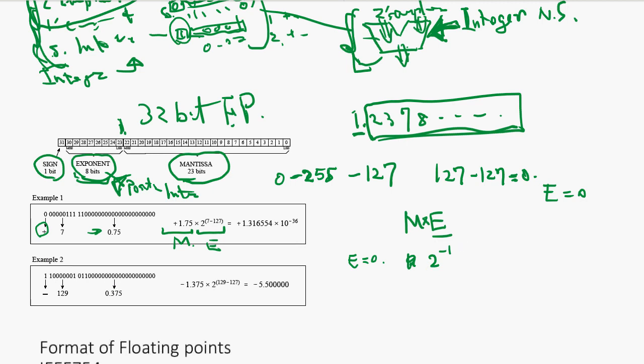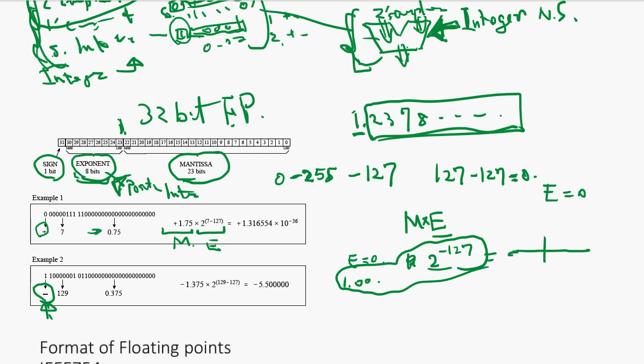This is the exponent, and the mantissa is the implied 1 only, all 0s. So this is the smallest number, right? And positive or negative is decided by this sign. So in real numbers, you have the smallest number you can express by this, on the positive side and the negative side the same.